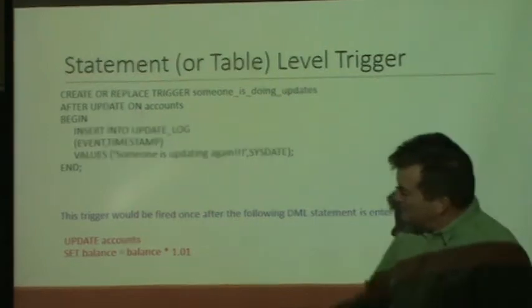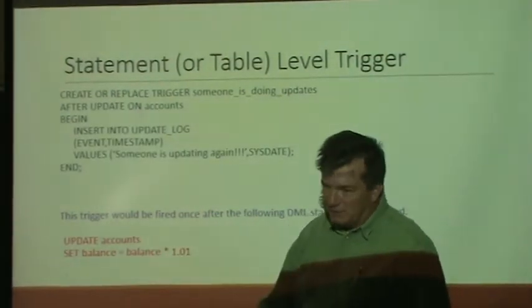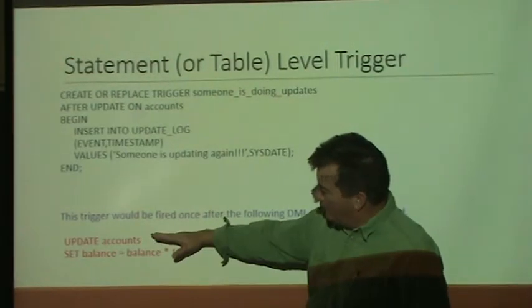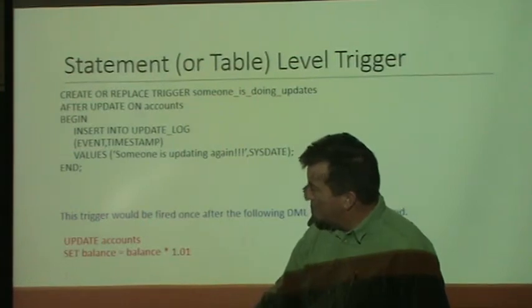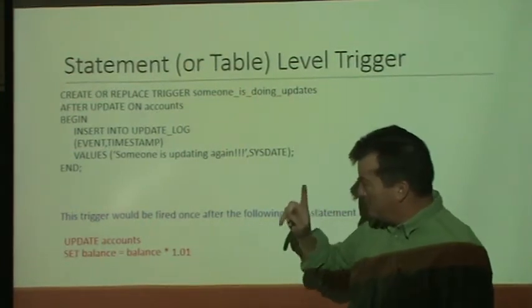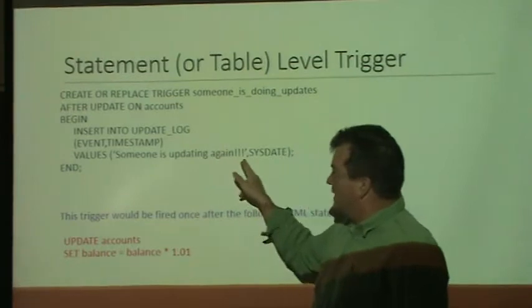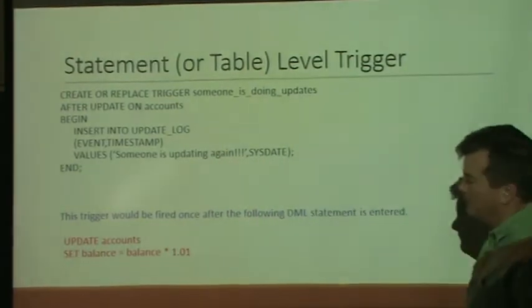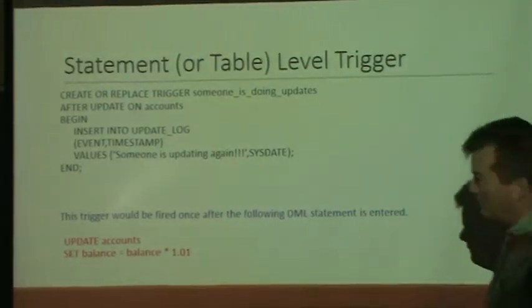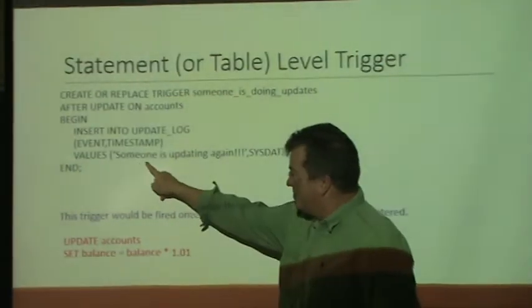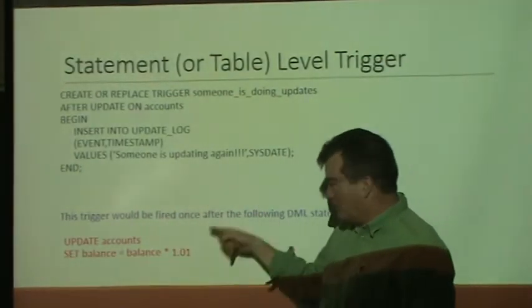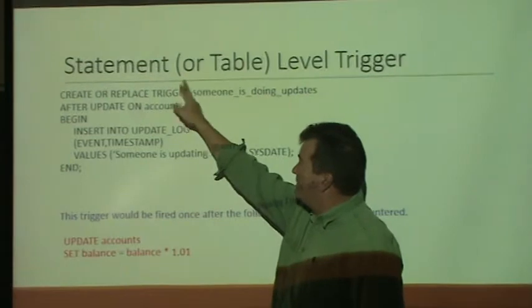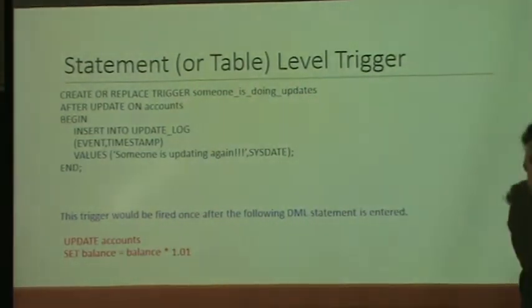After all of that, let's say there's 1 million accounts in our table. We're going to give everybody 1% interest. And then after that, one time, we're going to say someone is updating again, and just put a timestamp. So it won't get fired for every account. You're not going to get this coming in 1 million times. You'll just get it one time because it's a statement or table level trigger.